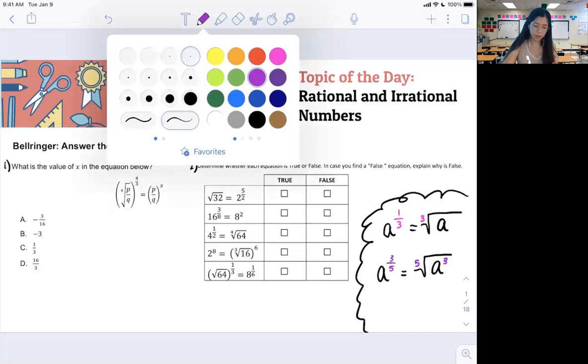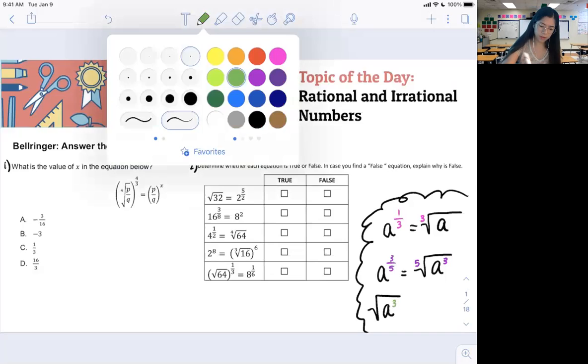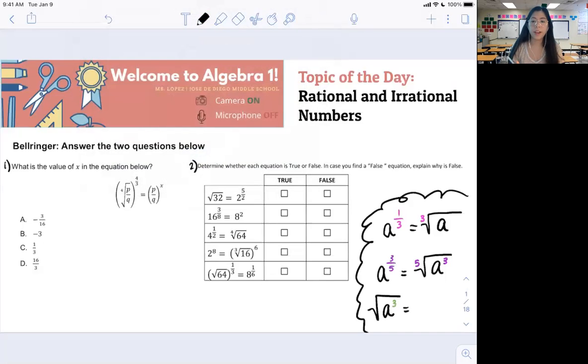So now let me do another example. What if I started with the square root of a to the power of 3? Now, how would I go about turning that into an exponent? A to the power of 3/2.